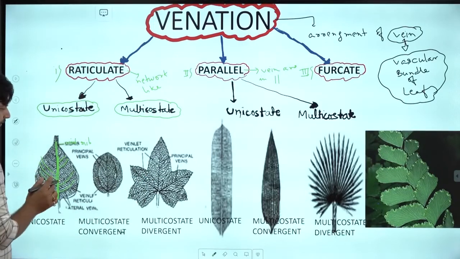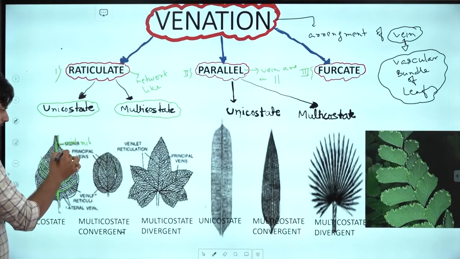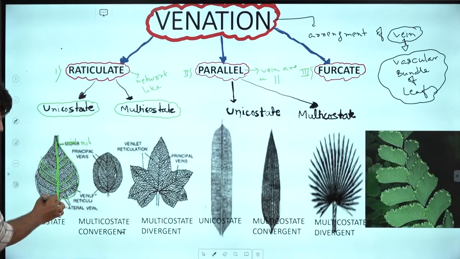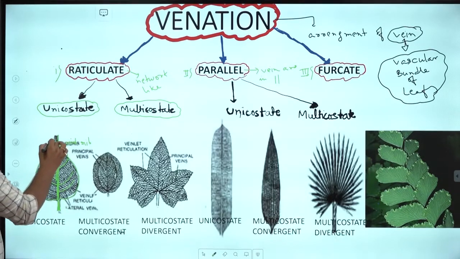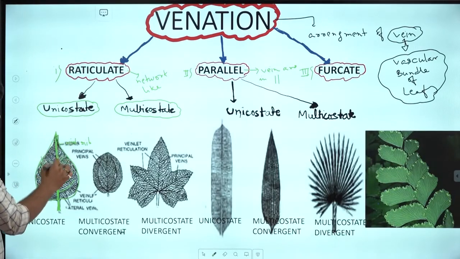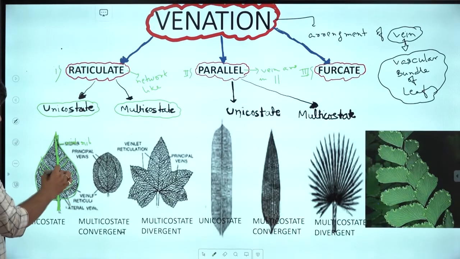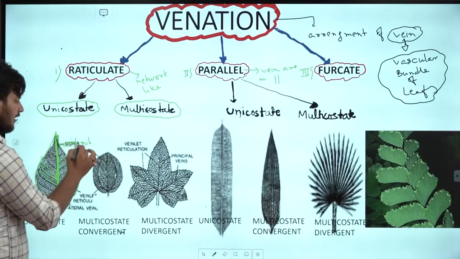If the whole leaf is formed around a single unit, then it is said to be unicostate, as in the figure given here of a ficus leaf. Here you will find a special type of vein present in the middle, very dominant or broad, which is termed the midrib.